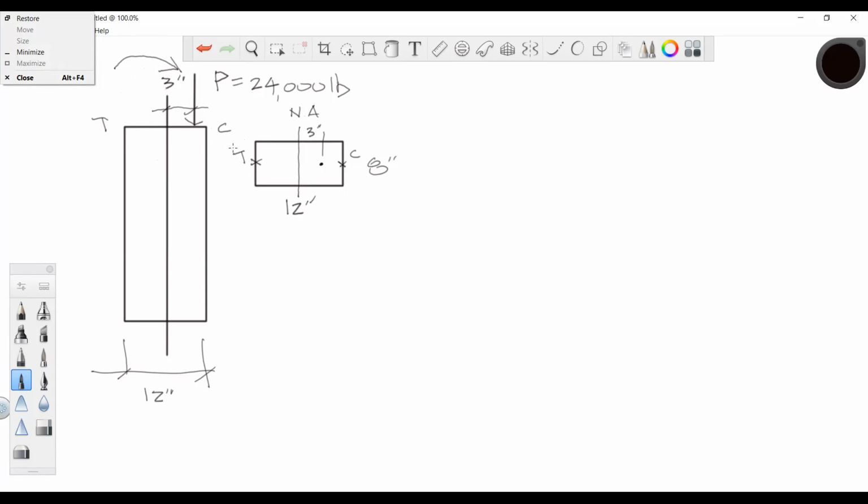Okay, so we have two stresses going on here. First, a normal stress, which is simply force divided by cross-sectional area. This is compressing, so it will be a compressive stress, and we're going to consider compression negative. So the force is 24,000 pounds divided by the area, which is 12 times 8, and that puts it in PSI.